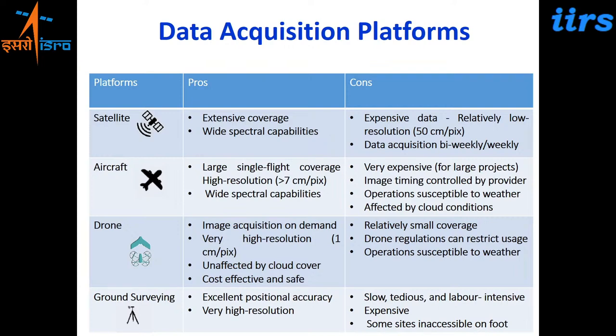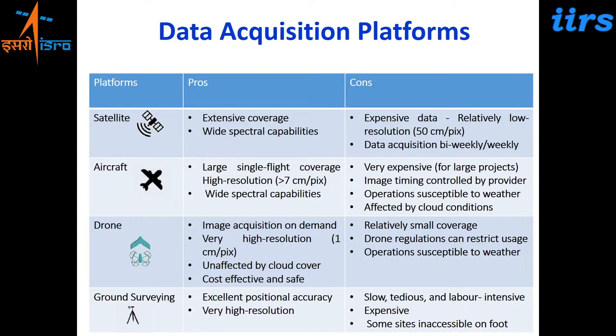But the major utility of these ground-based platforms or instrumentation is for the calibration and validation of both aircraft as well as satellite-based observations, because you can't have a wide coverage. You have only point coverages. So they have generally been utilized for calibrating and validating the satellite or the aircraft-based observations.